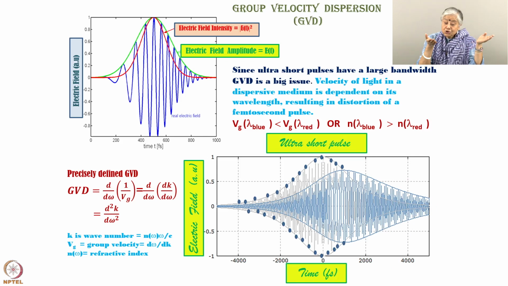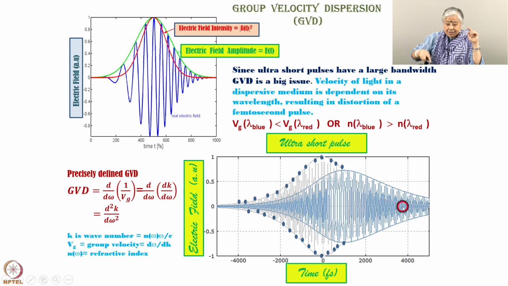If it were a much longer pulse, there would be no need to worry about it. In a nanosecond, it will hardly make any difference. But once your pulse is in the femtosecond time scale, your pulse length has changed from the original one to this long one.